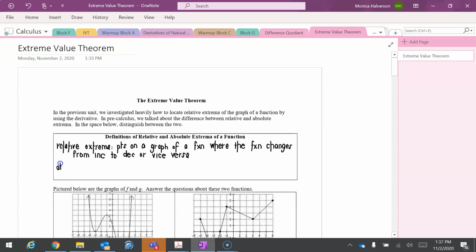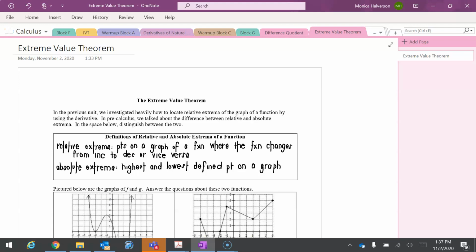Now, the absolute extrema are the highest and lowest defined point on a graph. So all absolute extrema are relative extrema, but not all relative extrema are absolute extrema.